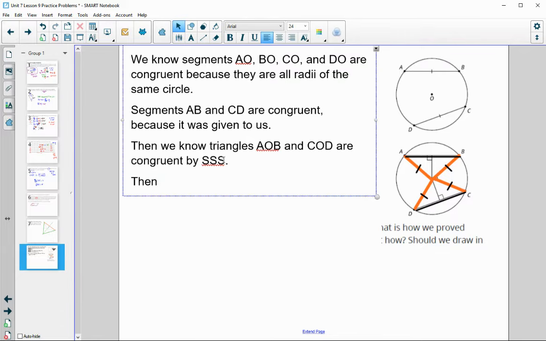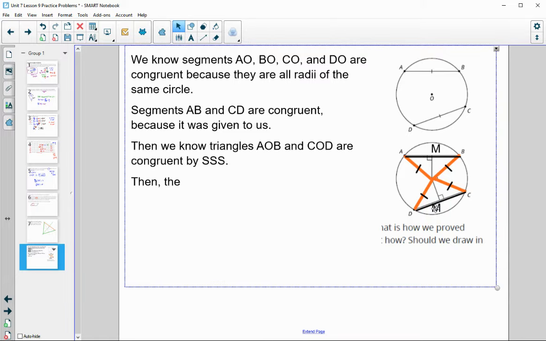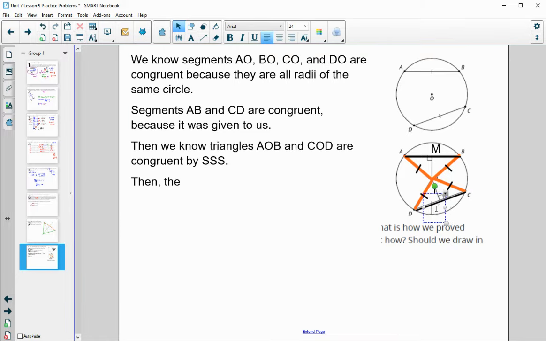So then the perpendicular segments here are altitudes. Those distances that they did, let me give it a letter so that we can talk about it easier. So let me just add in M and N. Remembering that the center point is O, it's kind of covered up in mine.